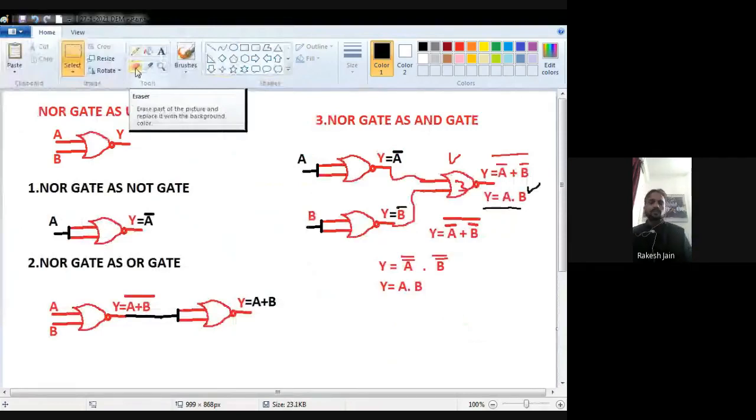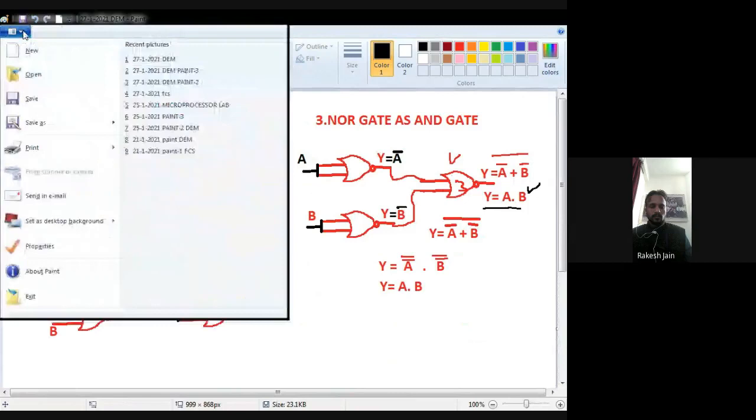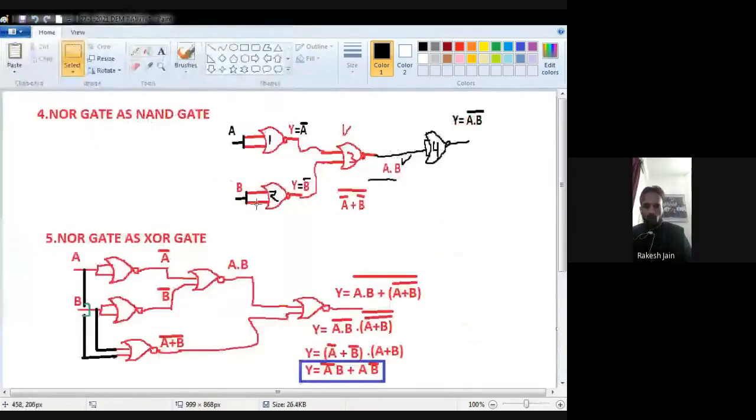I told you once again, I am going to show you all the three slides. In the first slide we started the topic NOR gate as a universal gate. First we convert NOR gate as a NOT gate by connecting both the inputs together. Then NOR gate as an OR gate circuitry, we use two NOR gates.